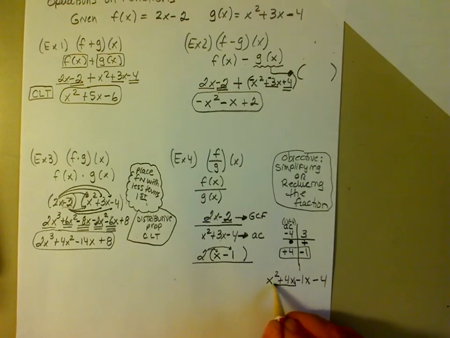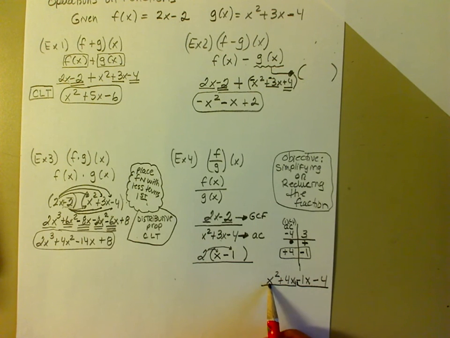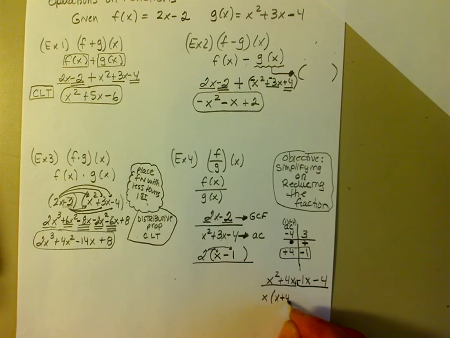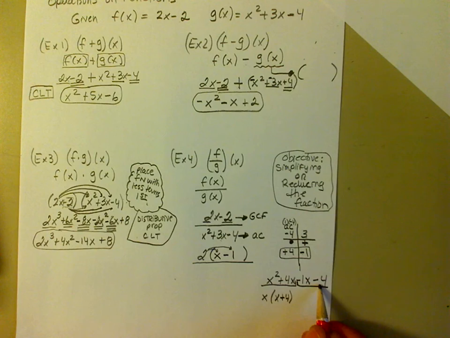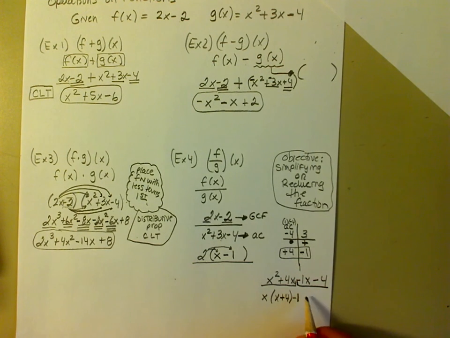Now I can factor by grouping. Factor by grouping utilizes the GCF method of factoring again. So the GCF between an x squared and a 4x is an x. What's left is x plus 4. The GCF between a negative 1x and a negative 4, I can only take out the common factor, negative 1. What's left is an x plus 4.